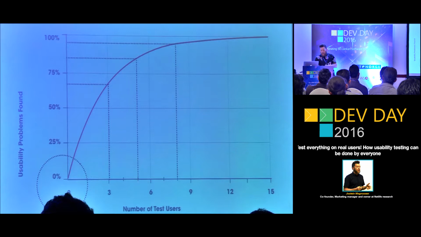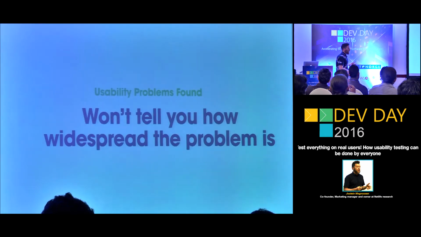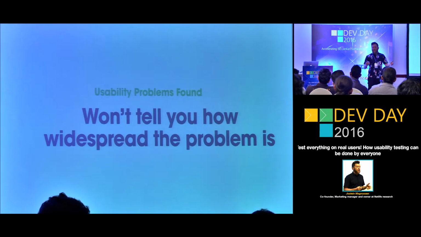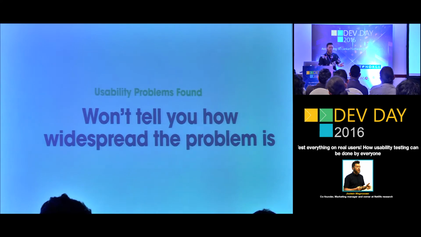So if you see that one user has a really huge problem with finding a function or paying a bill in the online bank, of course you can't know if 100 persons out there will have the same problem.